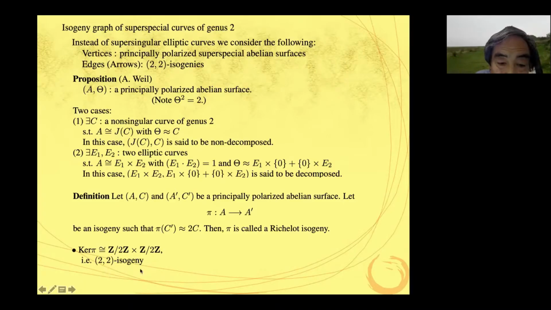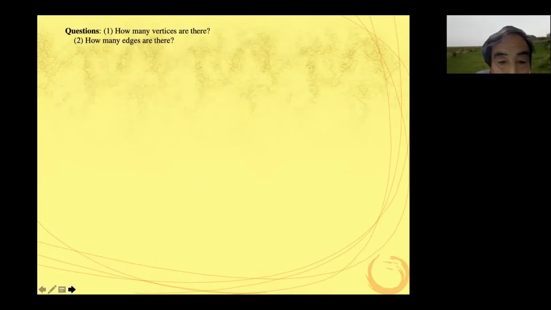This is called a (2,2)-isogeny. And the problem is we need to consider the graph of such genus 2 curves. So the first problem is how many vertices are there? And also how many edges are there? So we solved such problems.